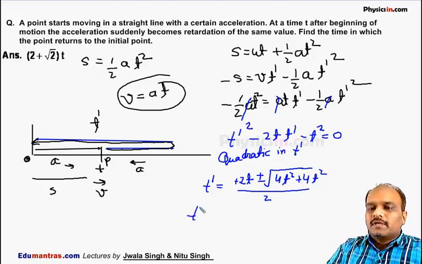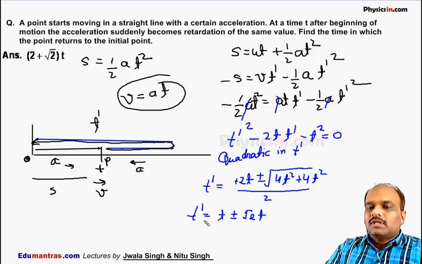So from here we get t dash is equal to t plus minus root 2t. But we know t dash can never be negative, so t dash is equal to t plus root 2t.